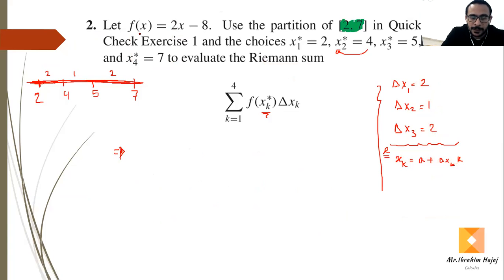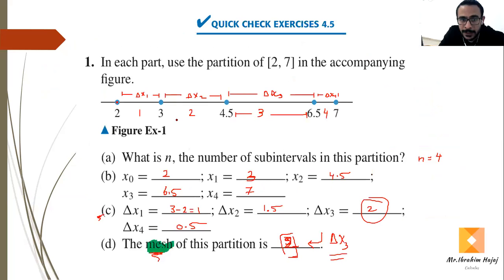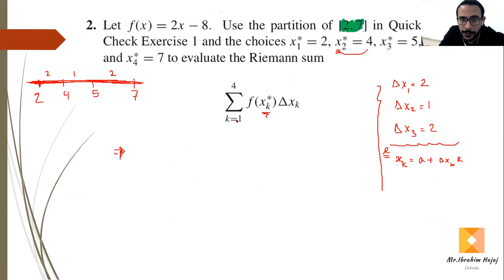Let's read the question first. F of x equals x minus 8, and use the partition of 2 to 7, like exercise 1 here. He gave us the x values 2, 4, 5 and 7, and is asking to evaluate the area using the Riemann sum.